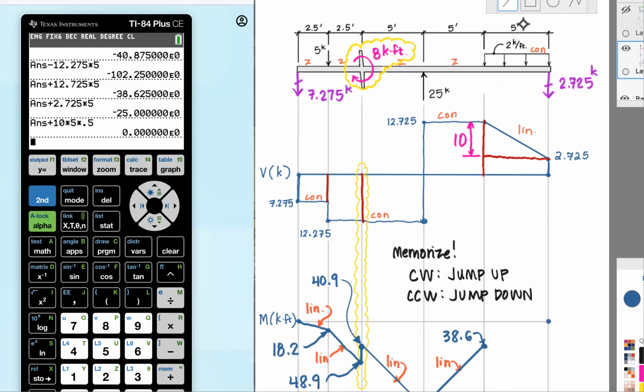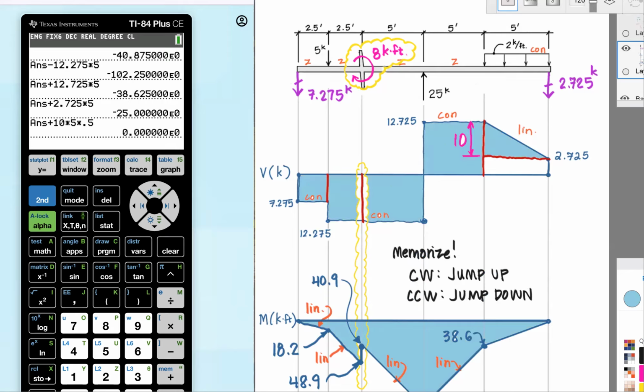Please, please, please, always do the last calculation, because if you don't get back to 0, you have an error, and everything you have done is super messed up. You fix it. All right, there is my lovely moment diagram, and equally lovely shear diagram.